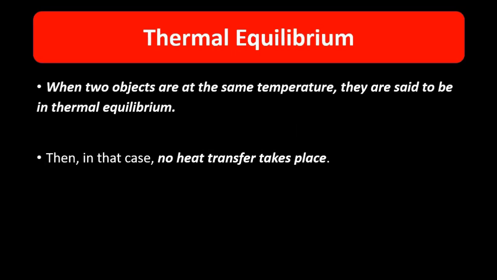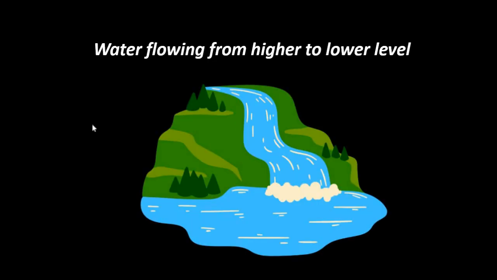If you want to understand heat and temperature in a different way, with another analogy, you can visualize this. Let us say we have water flowing from the top of a hill. Water always flows downhill because of the height levels.